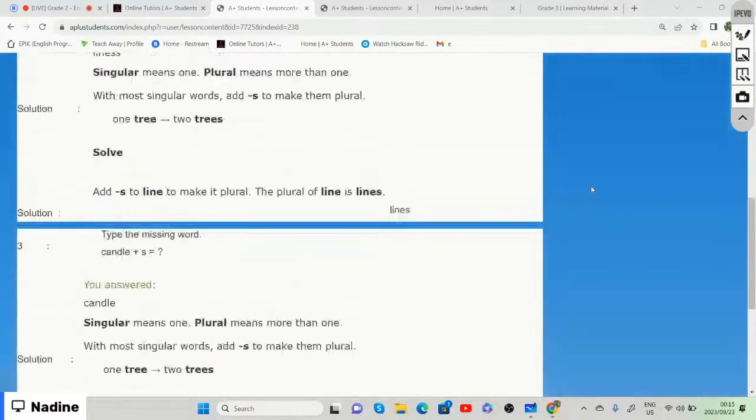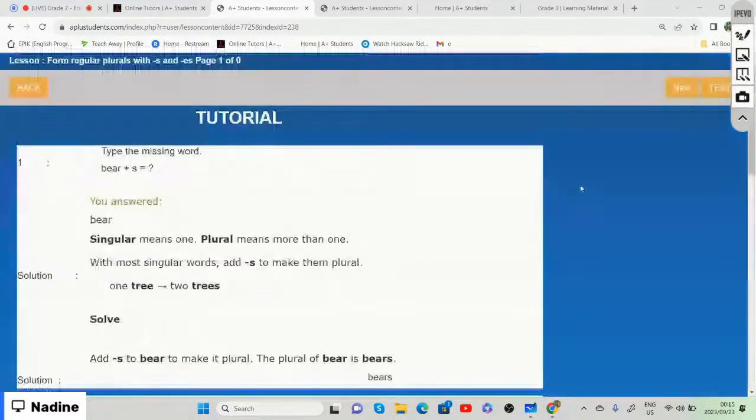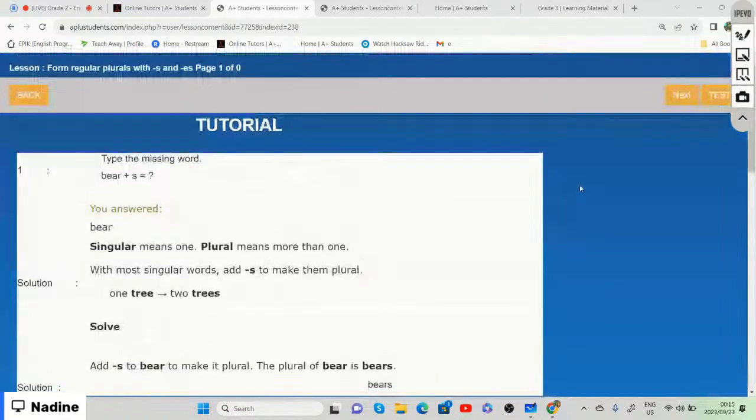So that is basically our singular words that we make plural by adding an s. Then it shows there is more than one, right? And once again, singular means one. Singular means one, or it refers to one thing, one person, one place, one item.